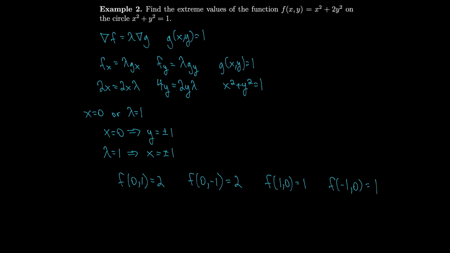So those are our candidates for the maximum and minimum. Well, pretty clear that our maximum is over here and our minimum is over there. So I could say that f of 0, plus or minus 1 equals 2 is the max, and f of plus or minus 1, 0, which is 1, is the min.